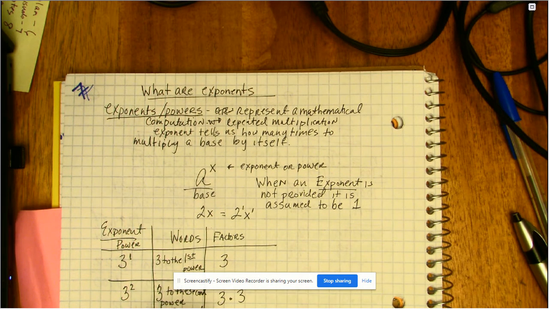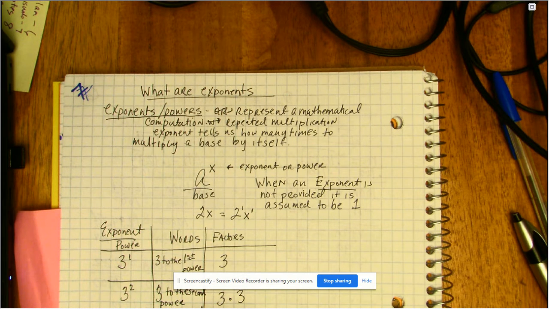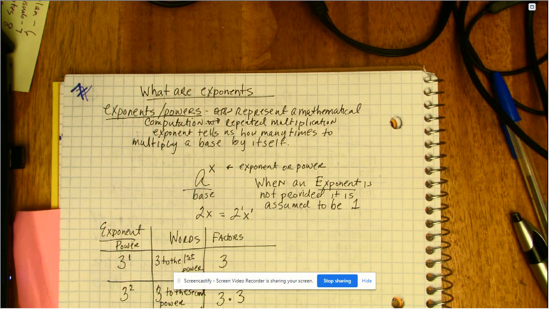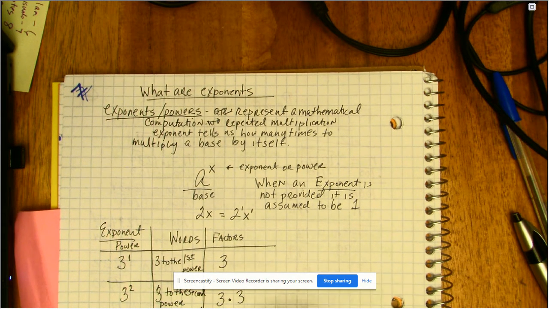And then we move to the fourth power, and everything beyond the fourth power is just 3 to the fourth power, and we abbreviate that as 3 to the fourth. And as I said, it just goes on. We'd have 3 to the fifth, 3 to the sixth, 3 to the seventh, etc.